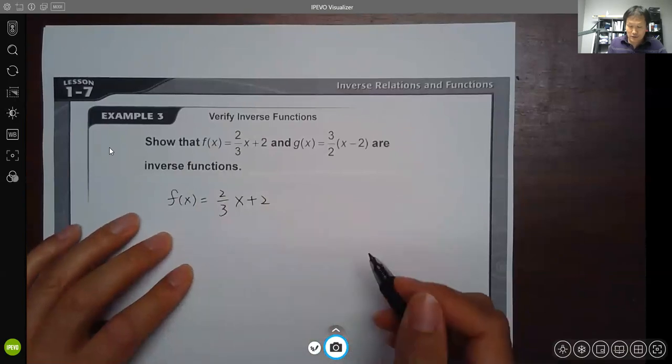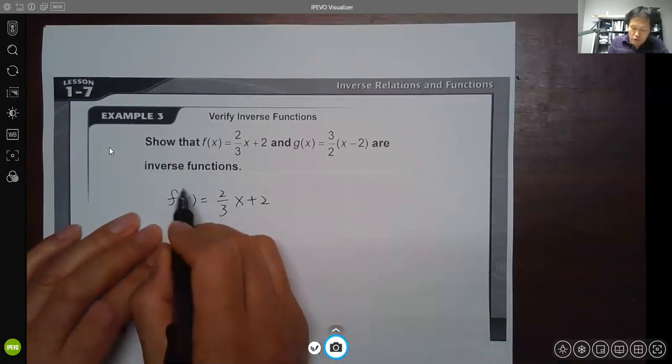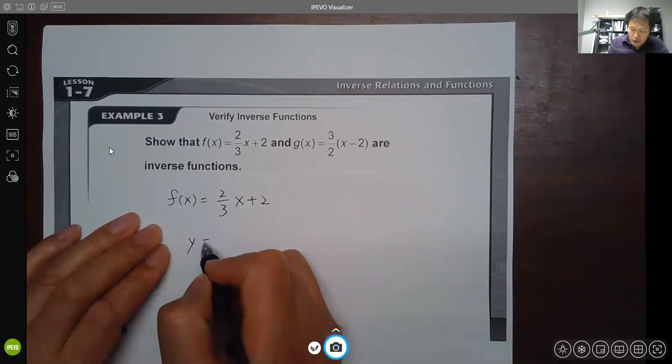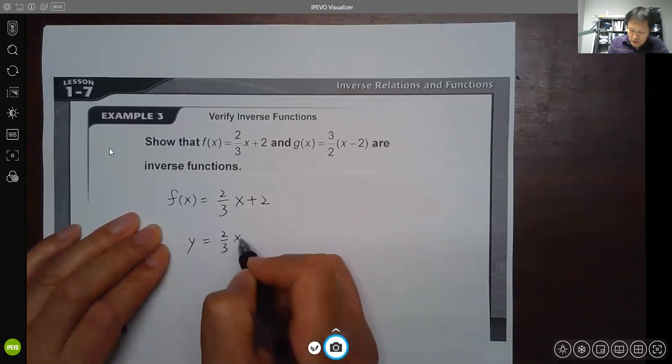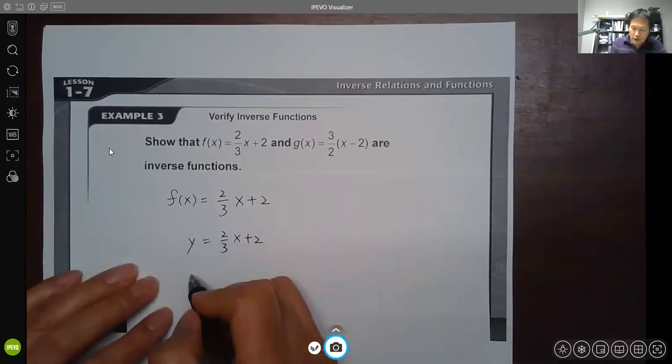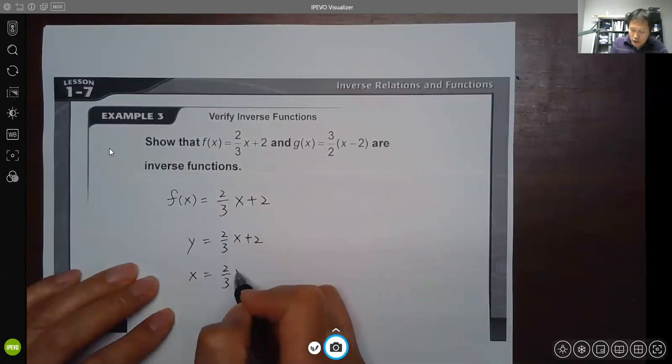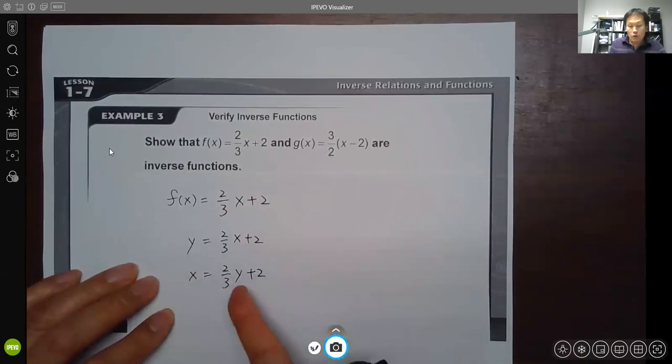So here, replace that with y equal to 2/3 x plus 2. Swap x and y: x equal to 2/3 y plus 2. Solve for y, so minus 2 minus 2, x minus 2 equal to 2/3 y.